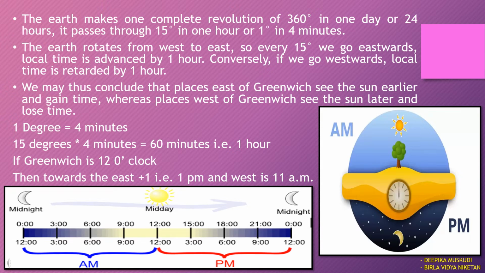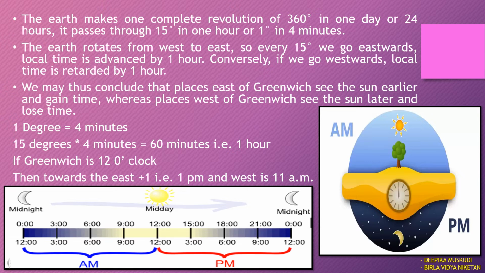It passes through 15 degrees in 1 hour, or 1 degree in 4 minutes. The earth rotates from west to east, so every 15 degrees we go eastwards, local time is advanced by 1 hour. Conversely, if we go westwards, local time is retarded by 1 hour.